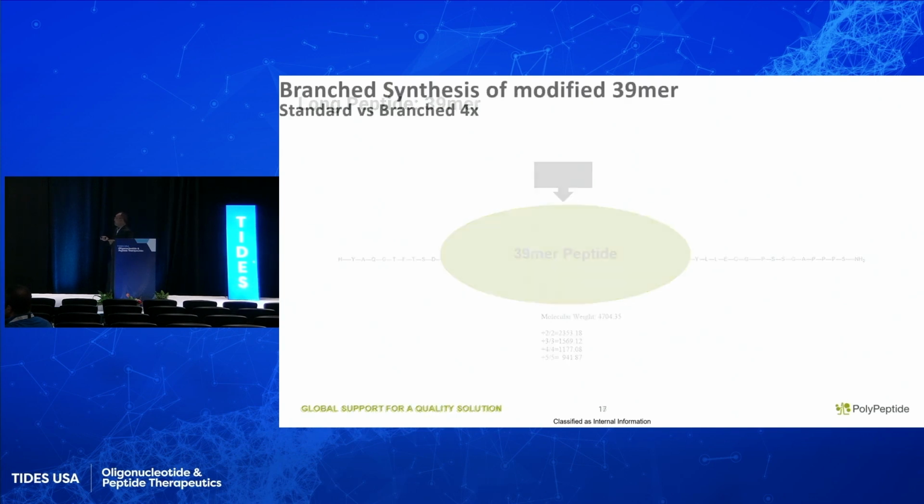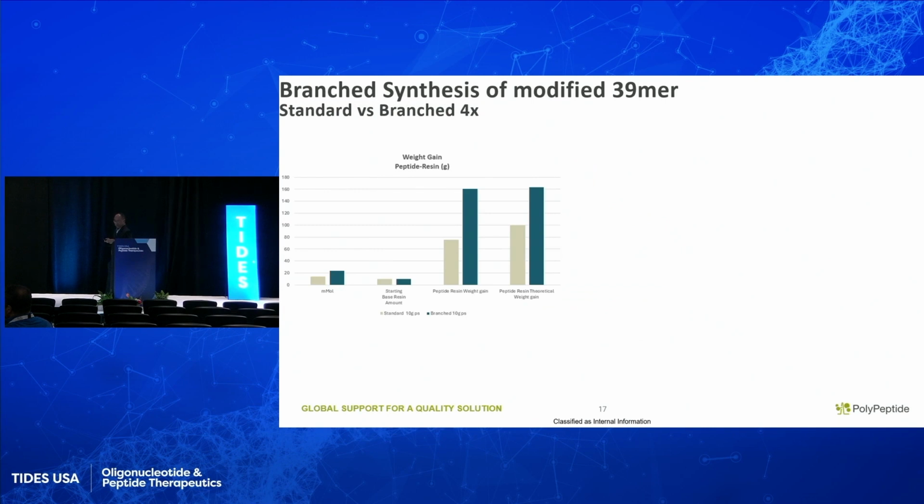So let's look at the performance of this. If you look at the gray, that's the standard 1X peptide compared with the 4X branch synthesis in blue. The peptide resin content is exactly the same for both.